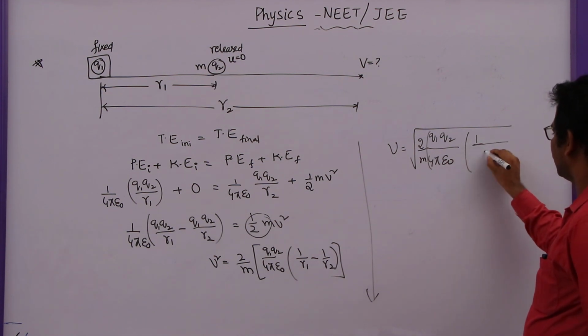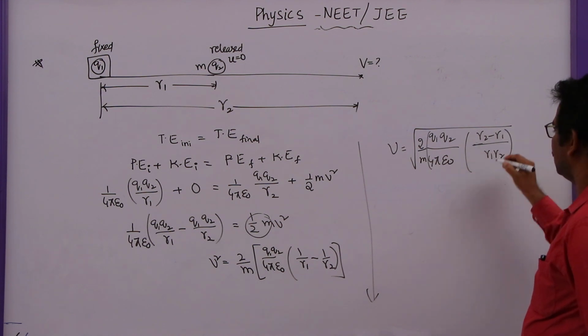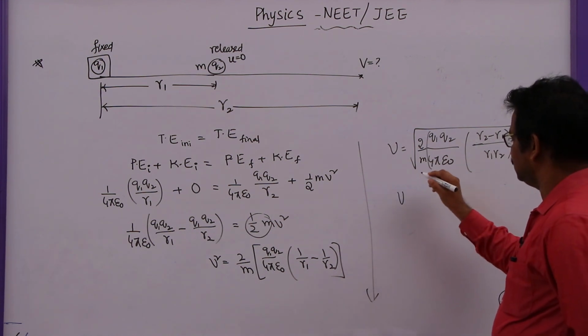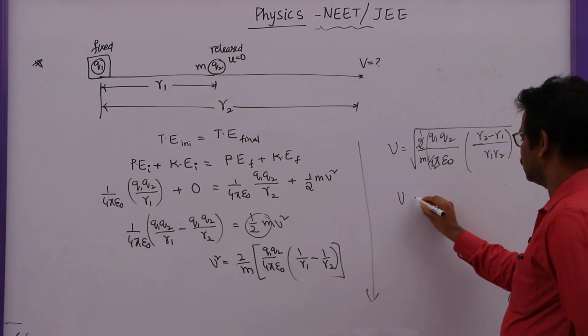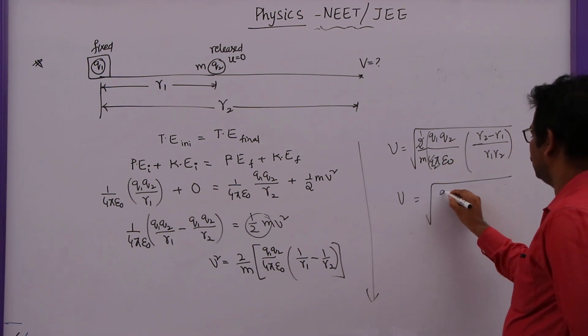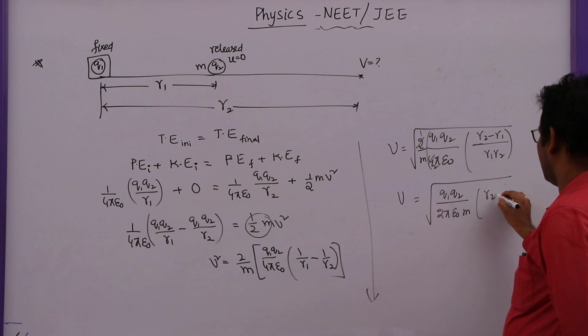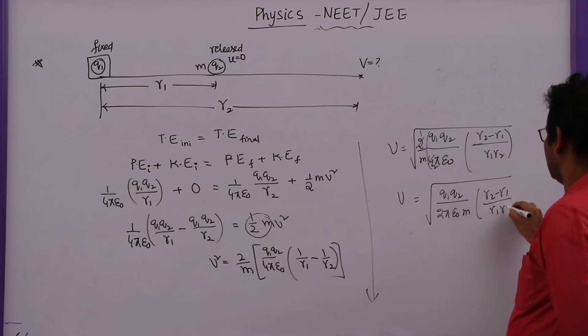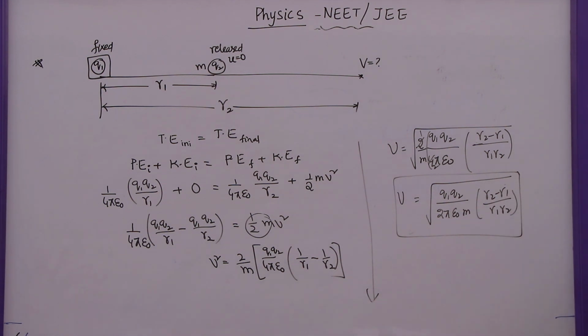This value will become LCM r1 r2, this will be r2 minus r1. So the velocity is given by, here you can cancel 2 and this 4, this can be written as q1 q2 by 2 pi epsilon naught m into r2 minus r1 by r1 r2. So this is the expression for the velocity of the charged particle.